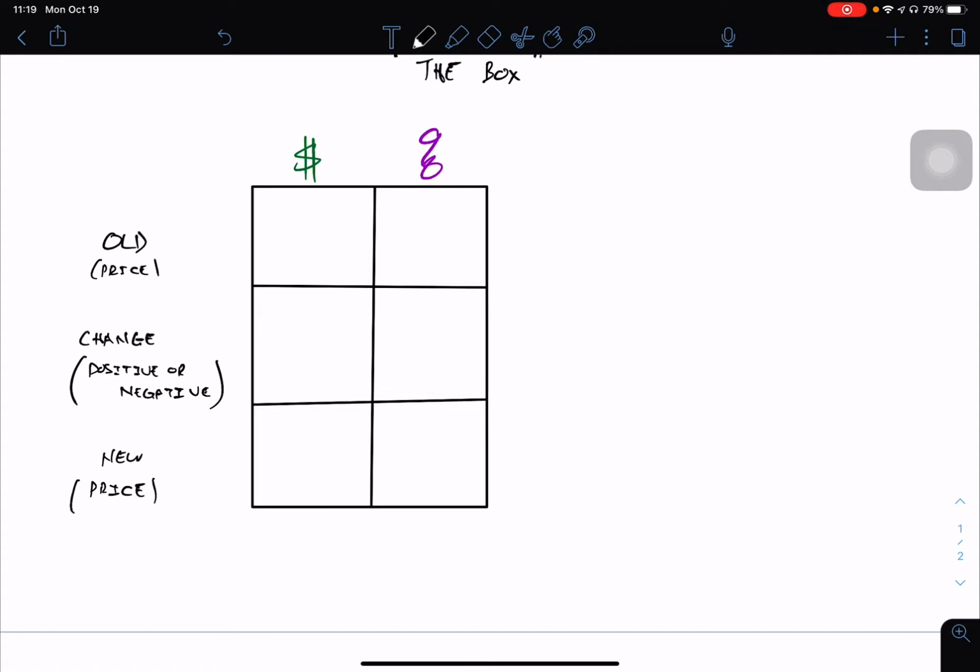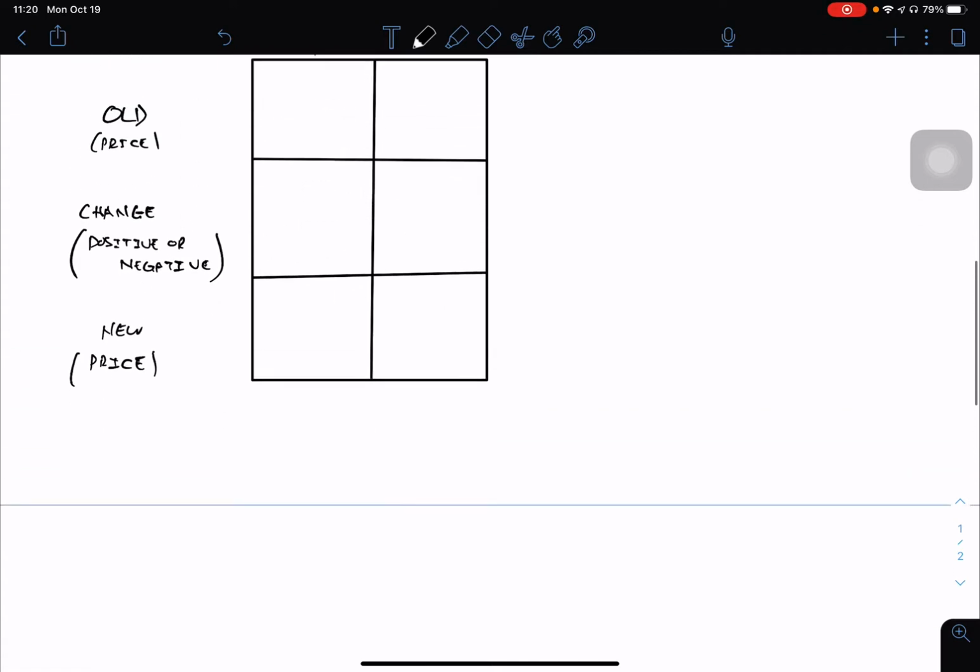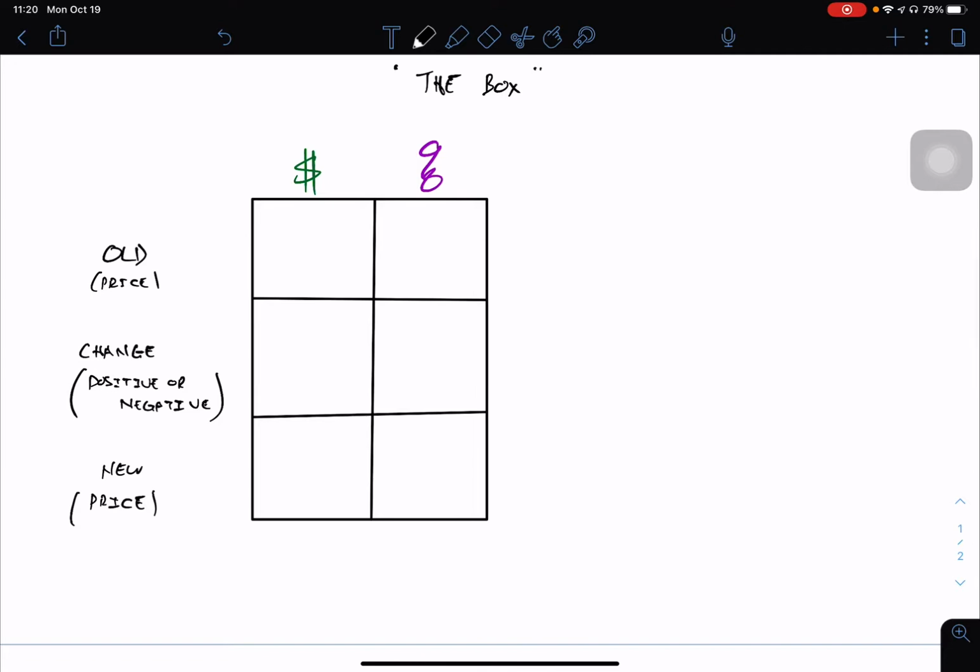So let's start with something simple. Just in case, I'm going to write down the 7 topics that we can use this box for. Topics. They're the following. They have to do with percent increase, decrease. We have to do this for sales tax, but most of you are familiar with that.